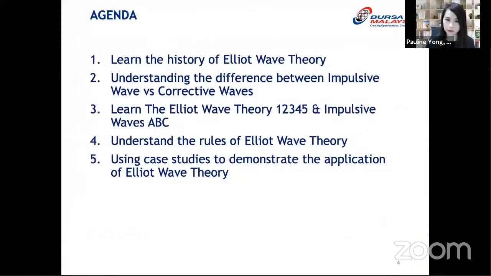Today's agenda: we're going to look at the basic history and the theory of the Elliott Wave principles, and understand the difference between impulsive waves and corrective waves.